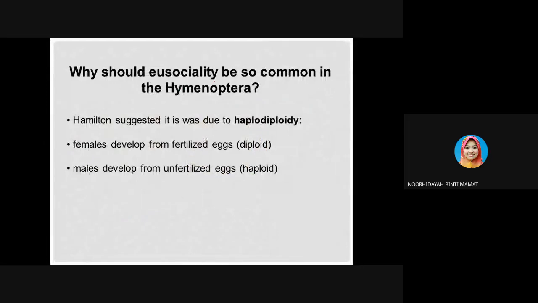And why should eusociality be so common in the Hymenoptera? So Hamilton suggested it was due to haplodiploidy. This is the factor suggested by Hamilton for eusociality. Females develop from fertilized eggs, so females are diploid, and males develop from unfertilized eggs, so males are haploid.